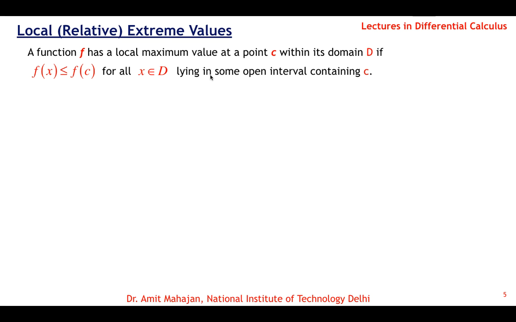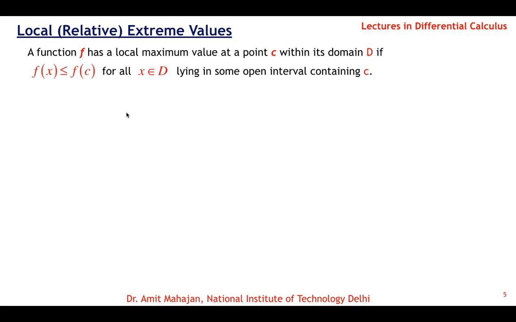So in some neighborhood of c, if I construct an open interval containing the point c and this holds, then we say that point c is a point of local maxima. Instead of all points of the domain, we are talking about the points of the domain which are in the neighborhood of the point c.